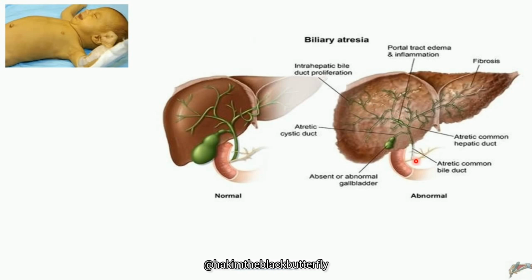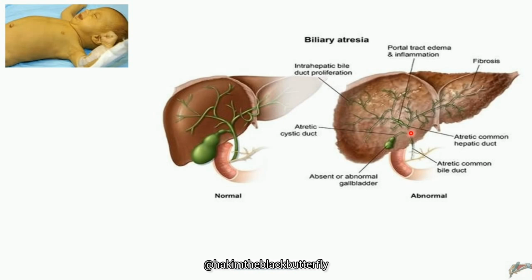Though the ducts will be there, they will be too narrow. They will be underdeveloped, limiting easy passageway of what? Of bile. Okay, and usually in such cases, there are high chances of liver disease to occur.